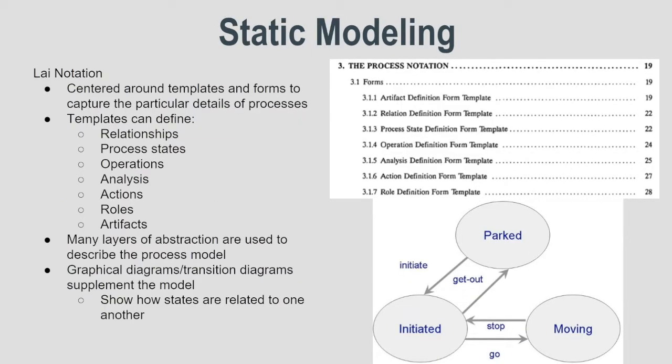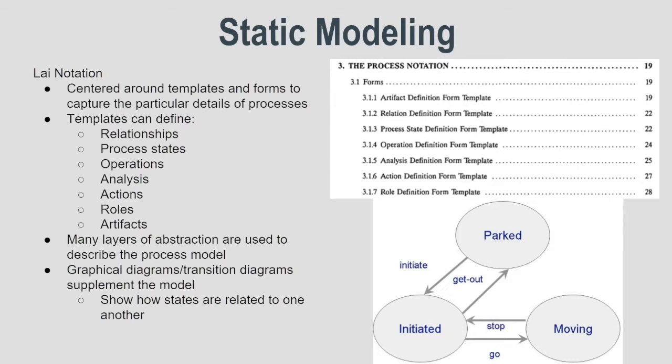Line notation is a type of static modeling. It is centered around templates and forms to capture the particular details of processes. Templates can define one of 7 things: relationships, process states, operations, analysis, actions, roles, and artifacts.